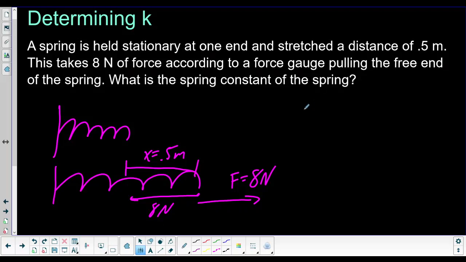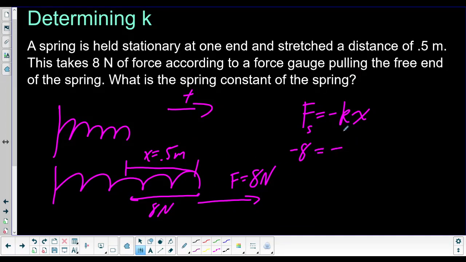So if we look at Hooke's law, F equals negative kx. We're going to assume that to the right is positive. Our force, the force of the spring, would be negative 8 newtons, because if the right is positive and we're moving to the right 0.5 meter, the spring is going to pull back just as hard as we pull on it.